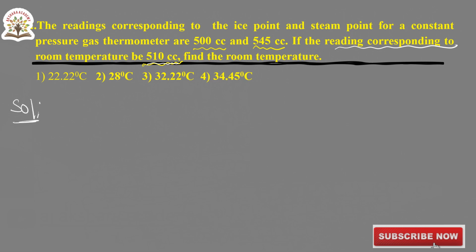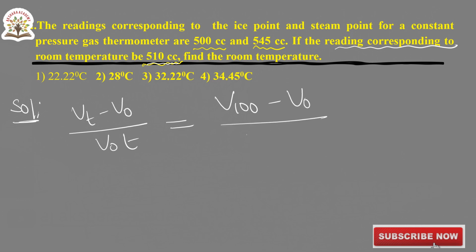Here they given as readings of the ice point and steam point for a constant pressure gas thermometer in terms of 500 cc and 545 cubic centimeters. So (Vt minus V0) by V0 into T is equals to (V100 minus V0) by V0 into 100. V0 gets cancelled.